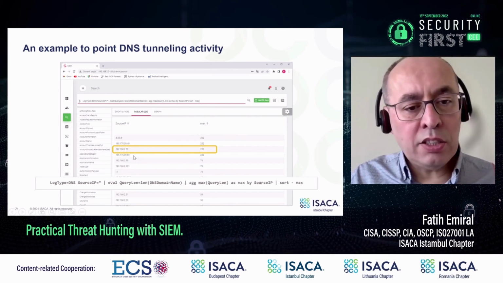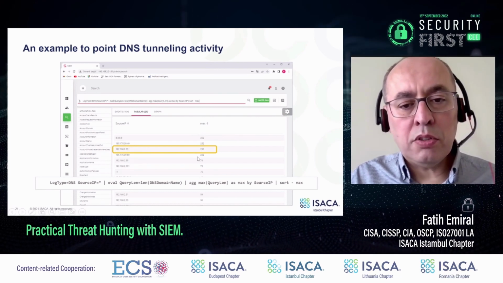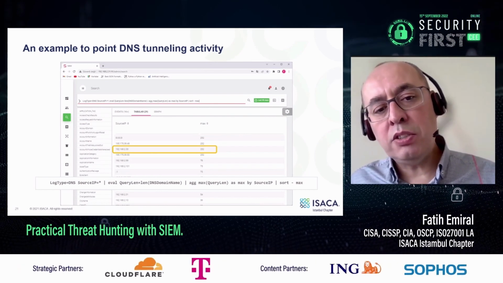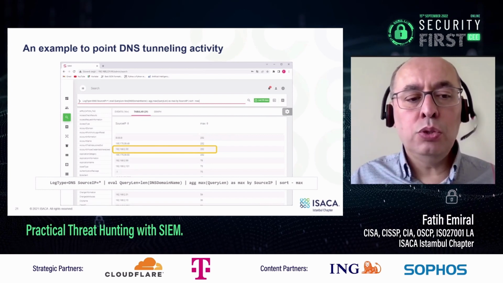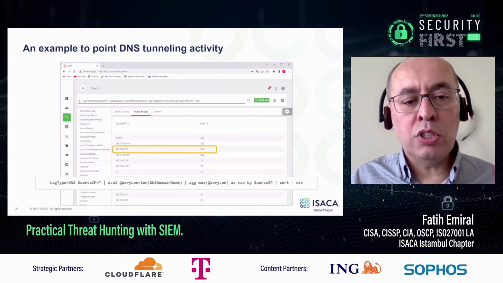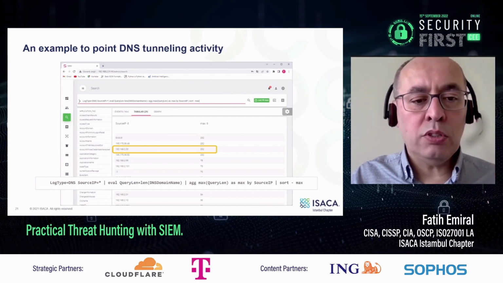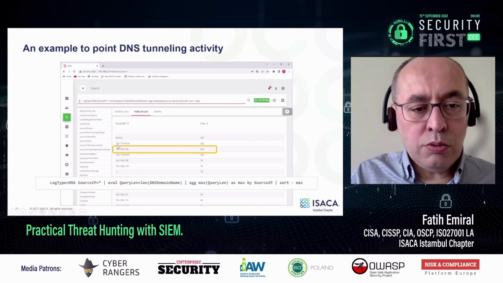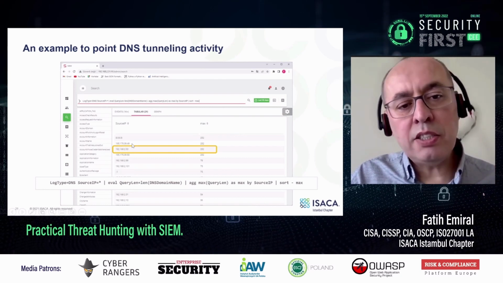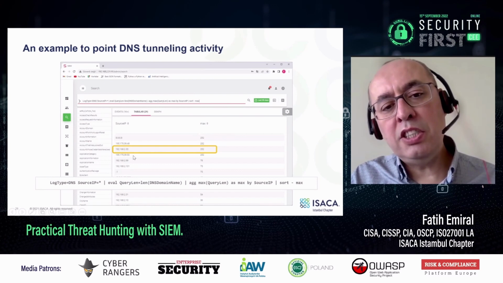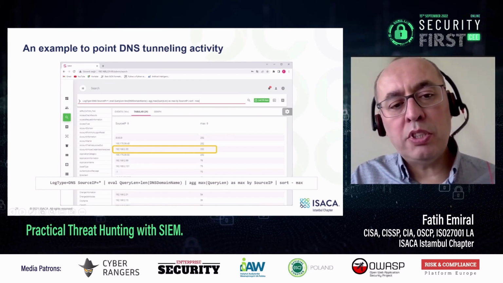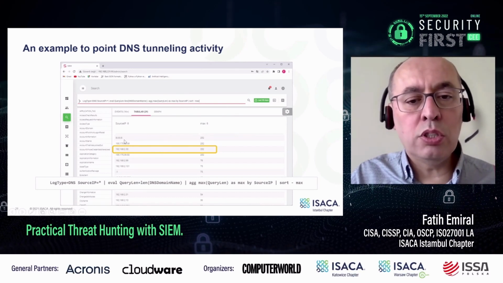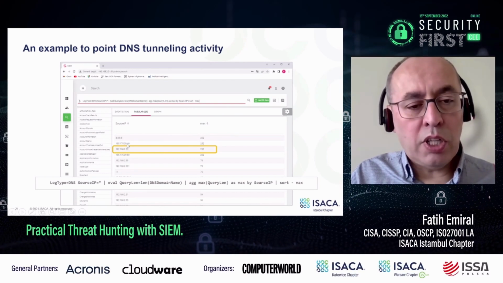Here you can say that there are other IPs with 252 characters of length of DNS queries. That's right, but this is where knowing your network comes into play. If you were in Turkey, you would know that these two 195 IPs are the DNS servers of TTNet, which is a major telecom operator here, and this is the Google DNS server IP.